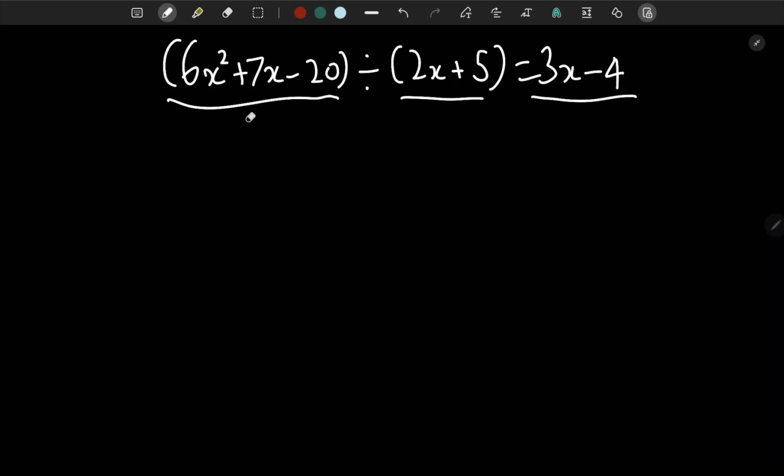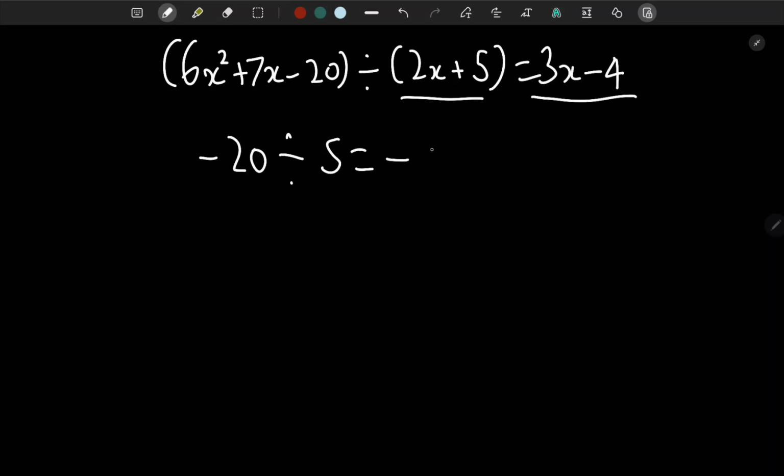So this here will become minus 20, since the x terms are 0, of course. So minus 20 divided by 2x, which is going to be 0 since we substituted 0 for x, plus 5. So 5 is equal to, again, 3x is going to be 0 and we are left with minus 4. So that is right.